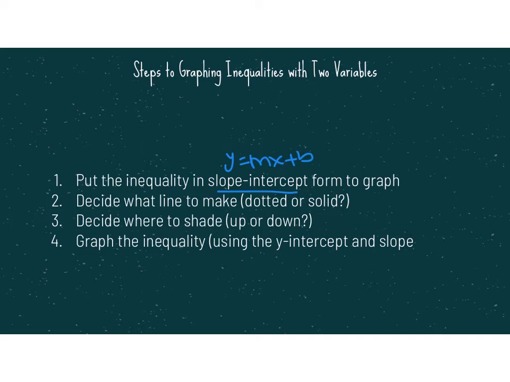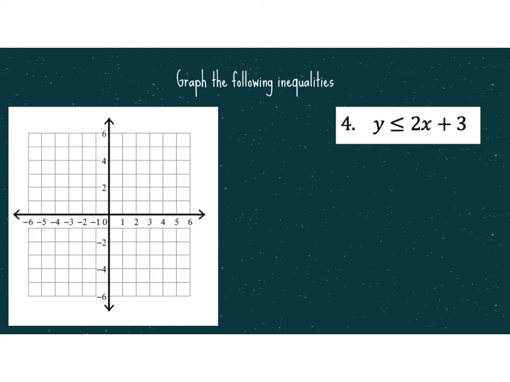We're also going to decide where to shade, and again, that depends on the inequality symbol. So we'll talk about the different inequality symbols, what kinds of lines we make to draw those, and where we shade.